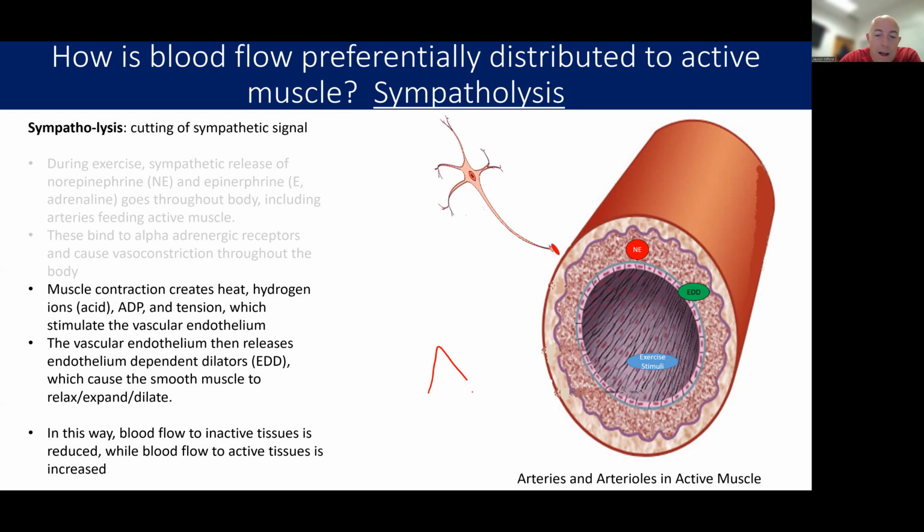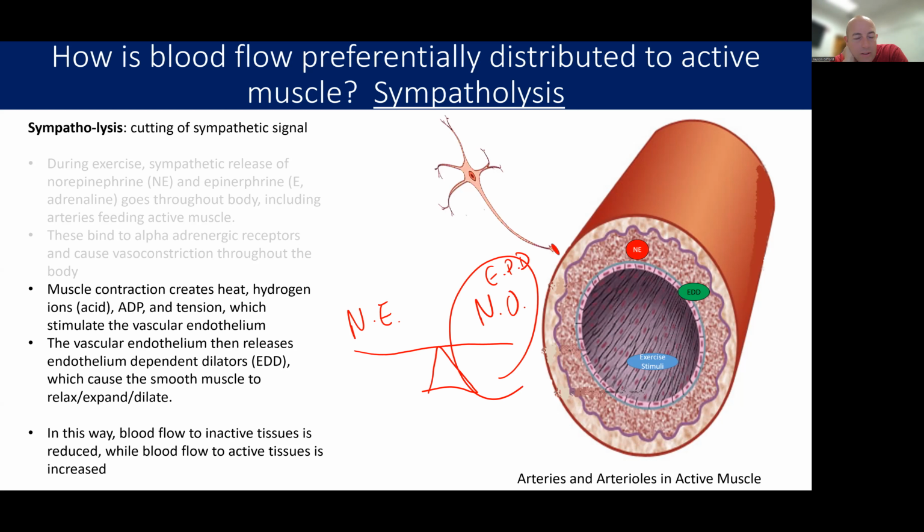And it ends up being a balance where you have norepinephrine signaling for contraction, and on the other side, you have these EDDs, or endothelium-dependent dilators, like nitric oxide, signaling for dilation. They're both present. And in a healthy person, the signal for dilation with nitric oxide and all your other endothelium-dependent dilators should win out and heavily outweigh the signal for contraction. But in dysfunctional endotheliums, like with aging or smoking or lots of other diseases, your ability to release these dilators is blunted.